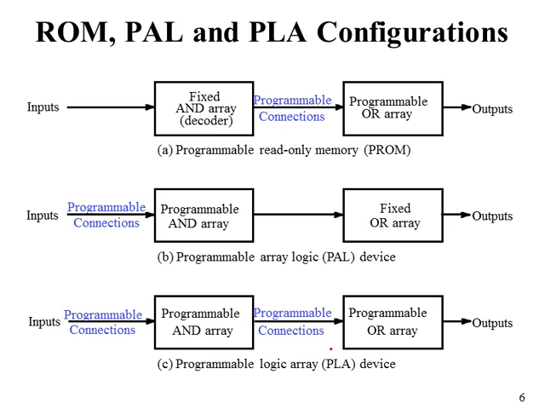We can depict it in a graph this way: you have an AND array and an OR array, the same structure. Depending on which side you can program, you have a ROM, also called a programmable ROM, or PROM, the same thing as a ROM. If the AND part is programmable, then we have a PAL. If both are programmable, we have a PLA.